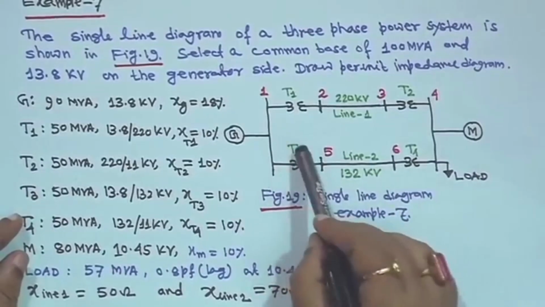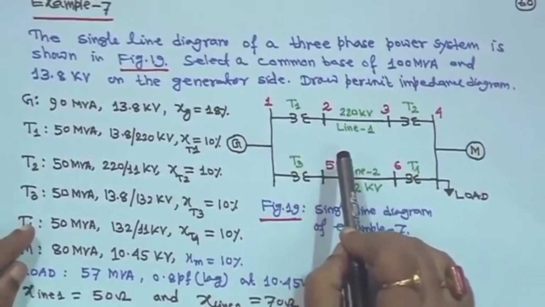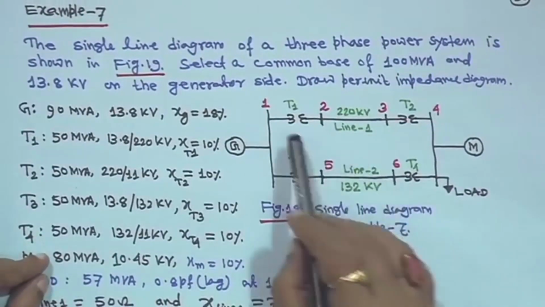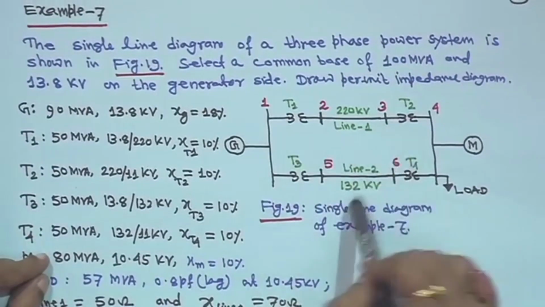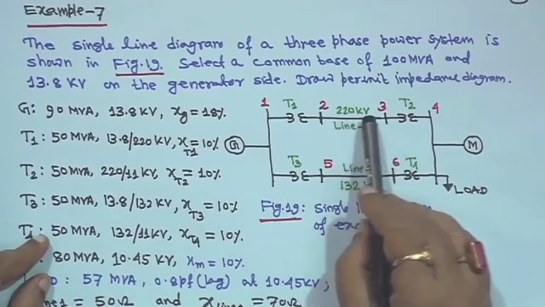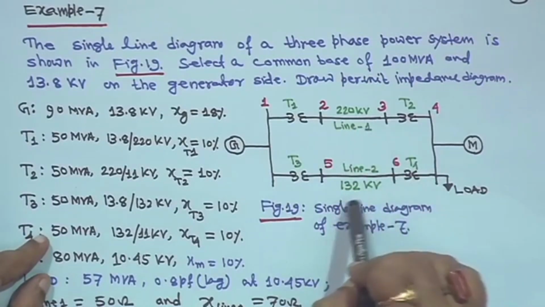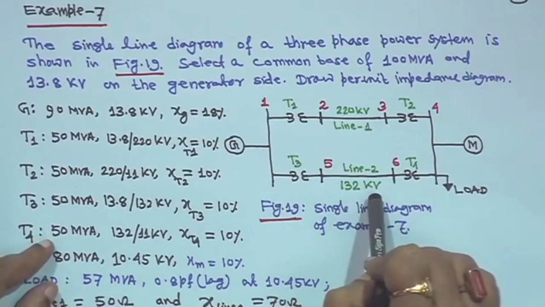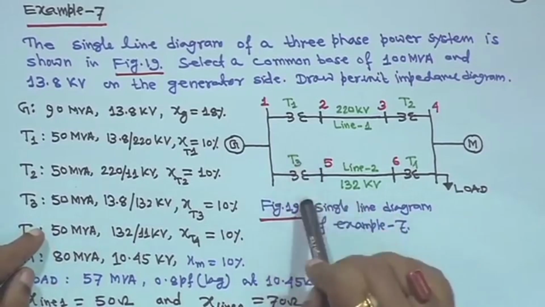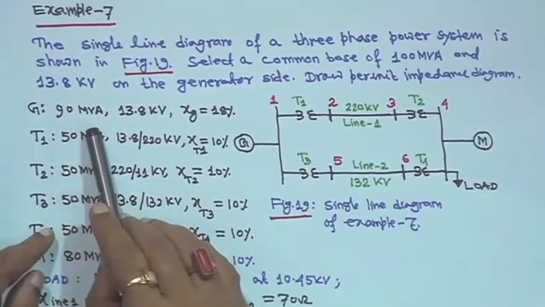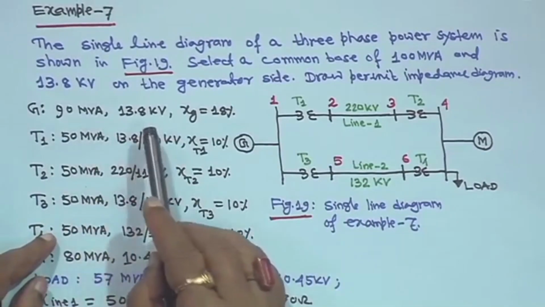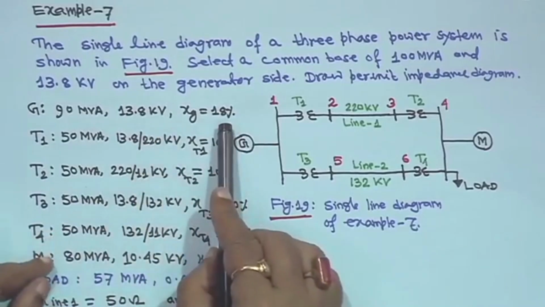There are parallel circuits here, with 4 transformers, T1, T2, T3, T4. Line 1 is a 220 kV line, and line 2 is a 132 kV line. The generator is 90 MVA and 13.8 kV, Xg is given.